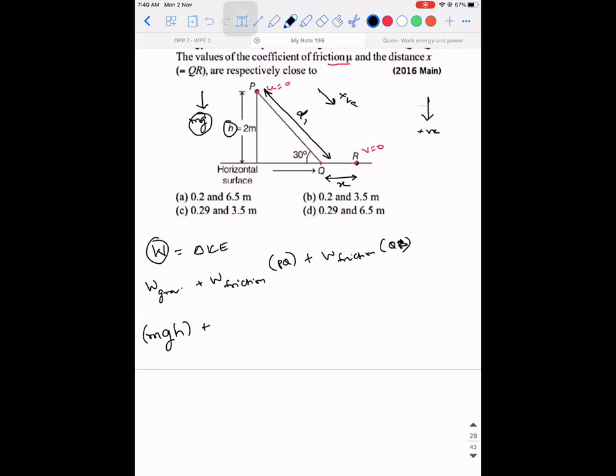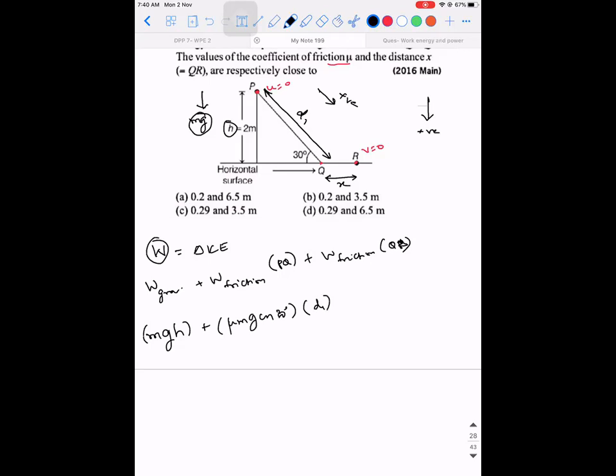On an inclined plane, what is the value of the frictional force? Mu N. What is the value of N on an inclined plane where the angle of inclination is theta with horizontal? mg cos theta. So the frictional force will be mu mg cos theta. The value of theta is 30, into the displacement, which according to my diagram is d1.